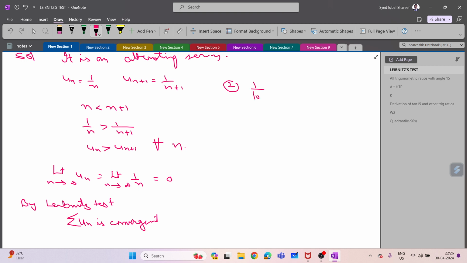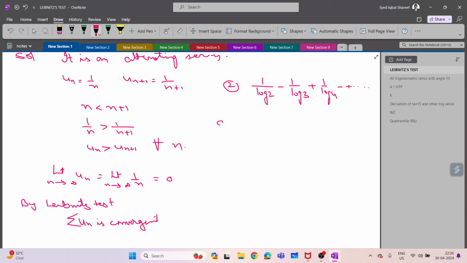One more problem. Suppose 1 by log 2 minus 1 by log 3 plus 1 by log 4, minus, plus, and it goes on and on.